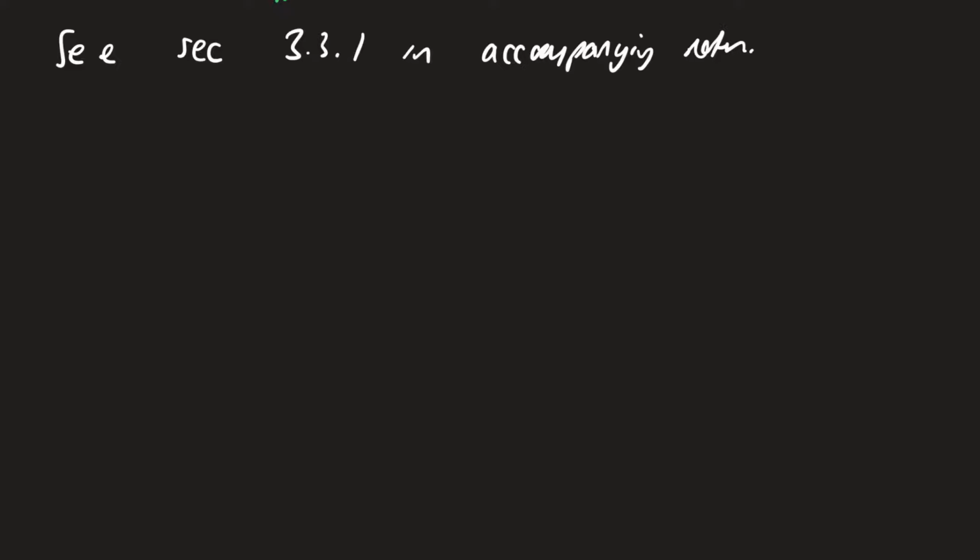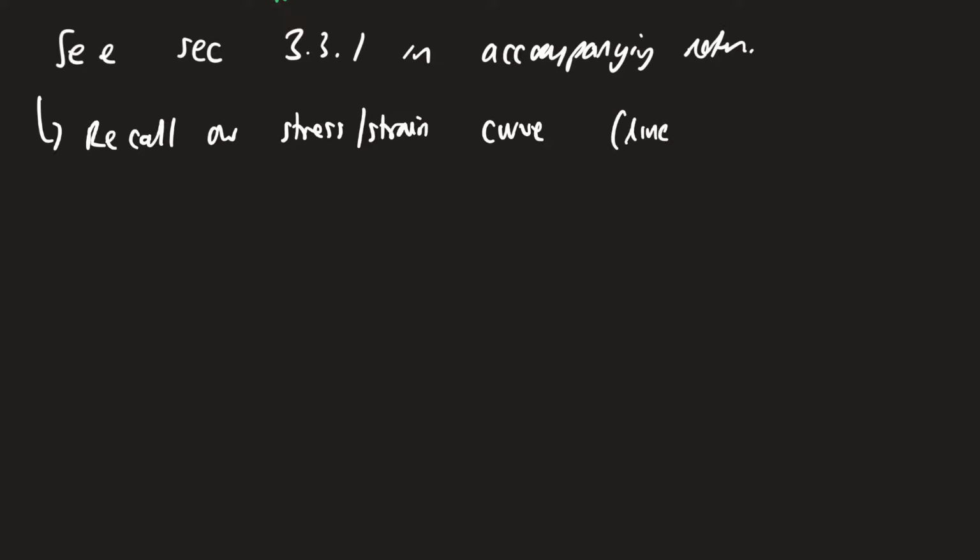But we're going to remember the displacement and the stress-strain curve. So recall our stress-strain curve. We know that it's linear, effectively. So it's linear at first, and we're going to operate just in this region of linearity.